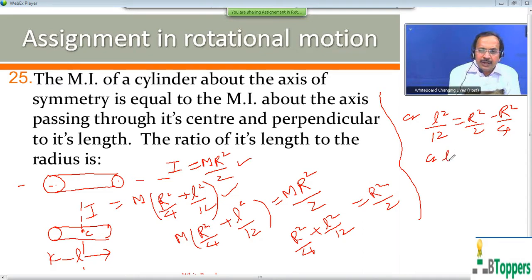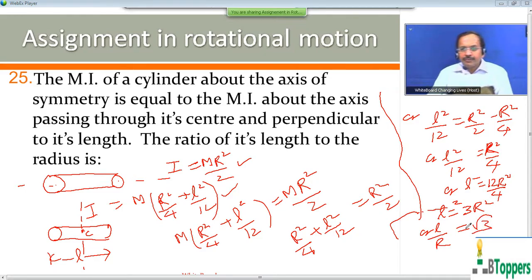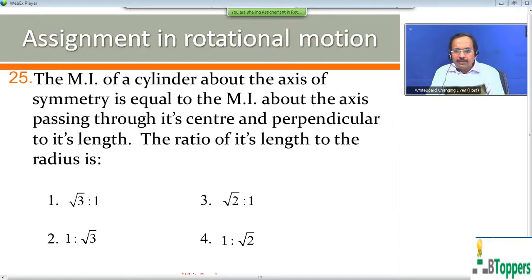So you get L square by 12 equal to R square by 4. L square equal to 12R square by 4, or L square equal to 3R square, or L by R equal to root 3. So for question number 25, the first option is the answer.